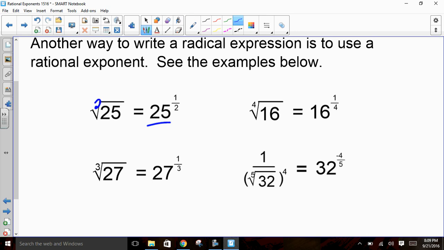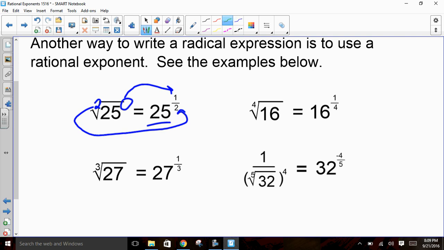Remember, square root, there's that invisible 2 there. That invisible 2 becomes my denominator. And then for my numerator, I look to see if I have a power. So there's no power. It doesn't look like there's a power associated with 25, but we all know that there's that invisible 1. So 25 to the first, that invisible 1 just comes up top to become my numerator.